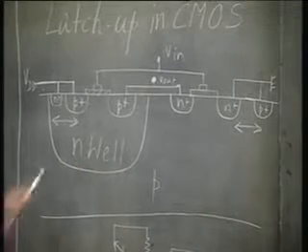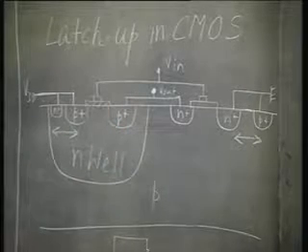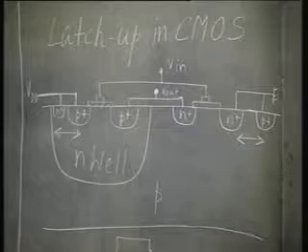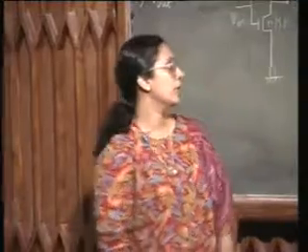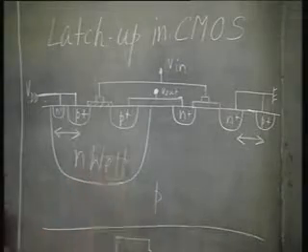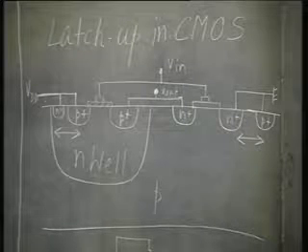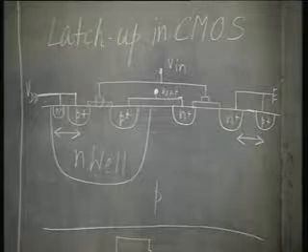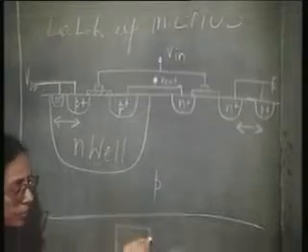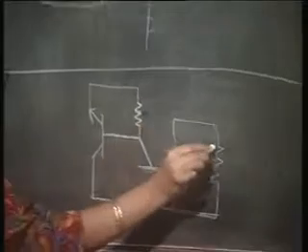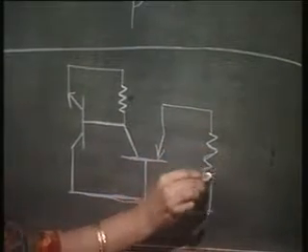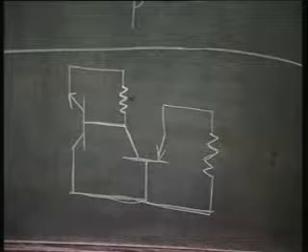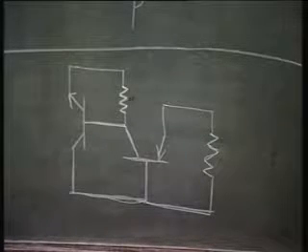Even after you have removed the initial spike, this process can continue forever, provided your N-well resistance and the p-substrate resistance is sufficiently high, right. So, you see the key factor in this latch up problem are these two resistances.